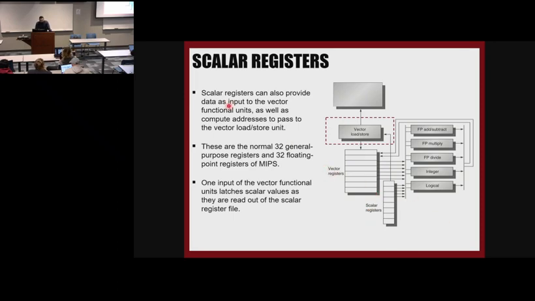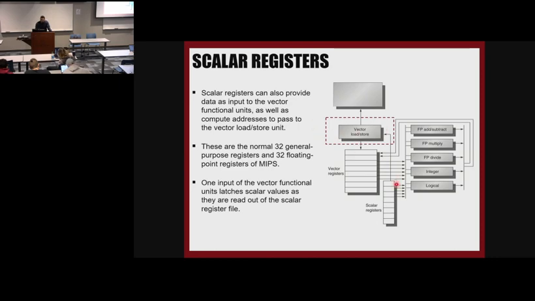We have scalar registers that provide for scalar operations. We have integer operations and floating point operations as usual. It's a MIPS architecture. But it can also directly provide the addresses to the vector load and store block. So you can see that there is a path here, and this is used for calculating the addresses and sending it to the vector load and store block to handle the vector operations as well.